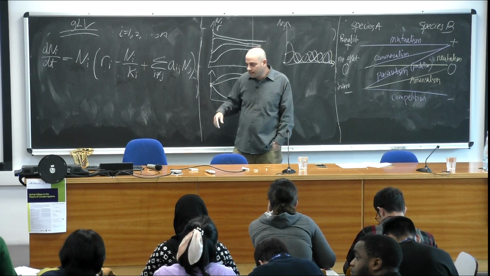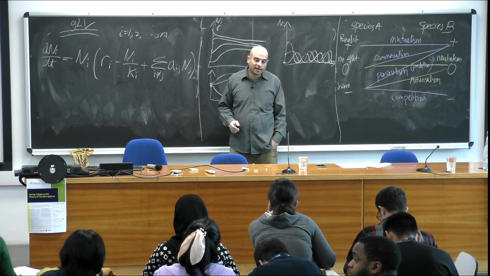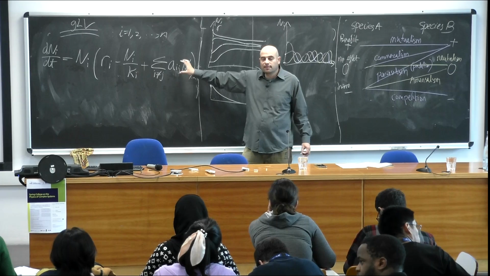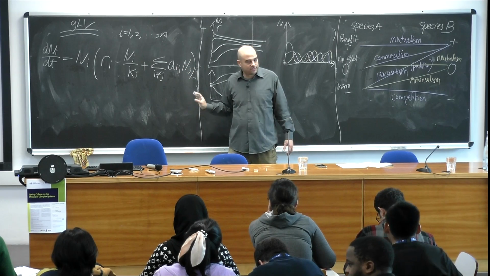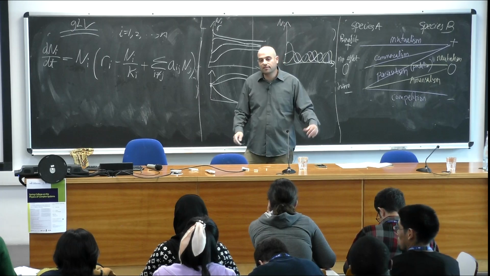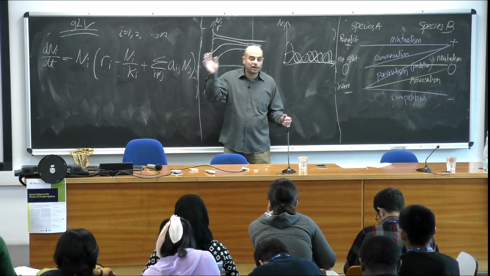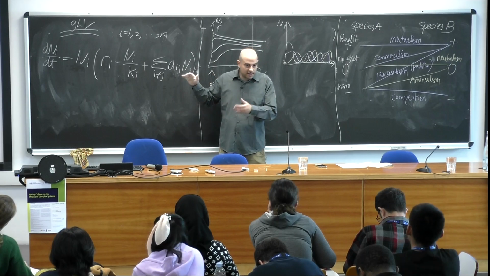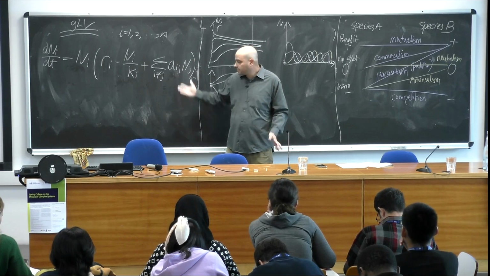But I would say that's probably niche. The bulk of the community uses this because this is rich enough, right? It gives you the ability to extinct some species. It gives you the ability to create cycles. It gives you the ability to create stable systems. It even gives you chaos, right?